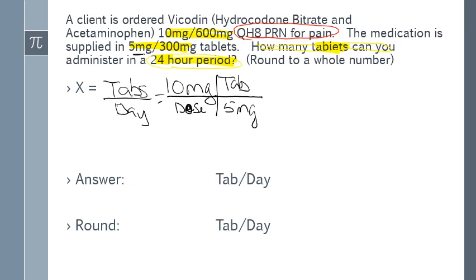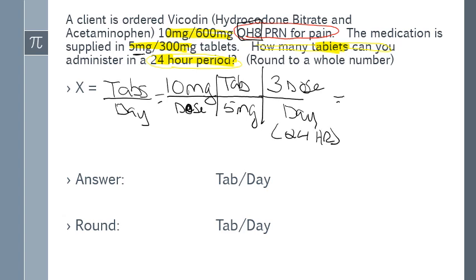Now, I've got my tabs, but I need to do something about that day. So when you're looking at every 8 hours, if you were to count that out in a 24-hour time period, that means you could administer this medication 3 times. So we can give 3 doses, and this would be in a day or 24 hours. So now what we want to do is clean it up a little bit.